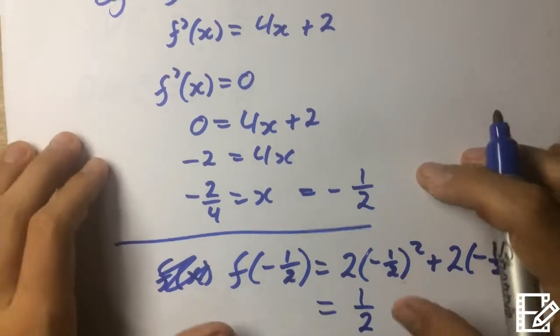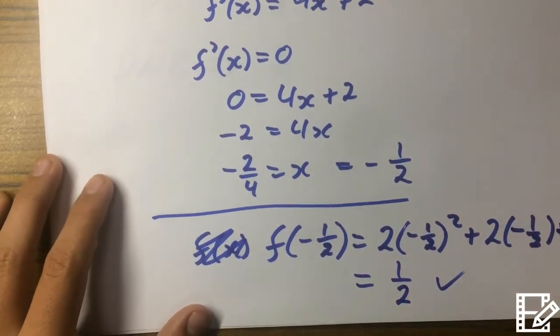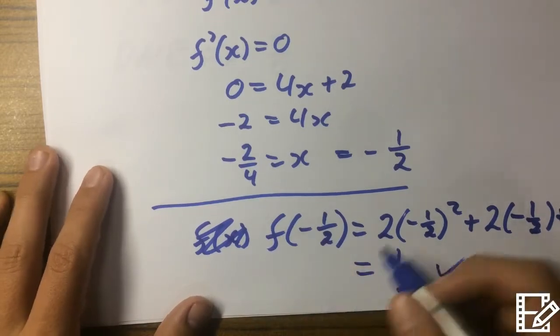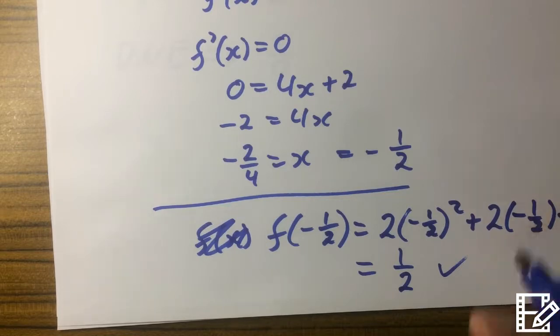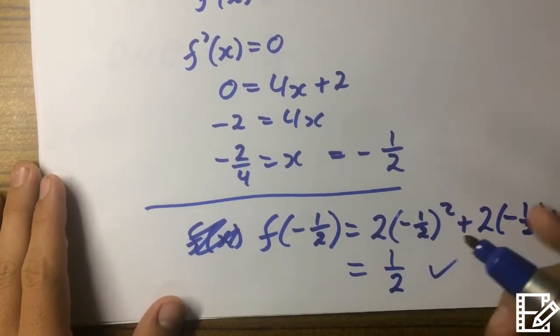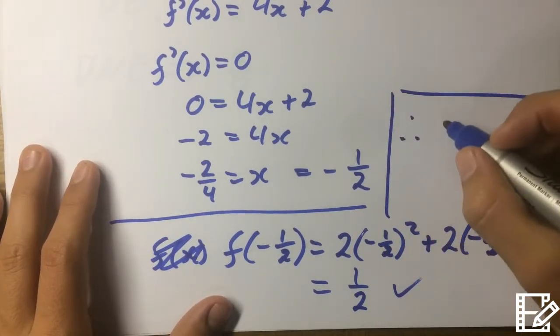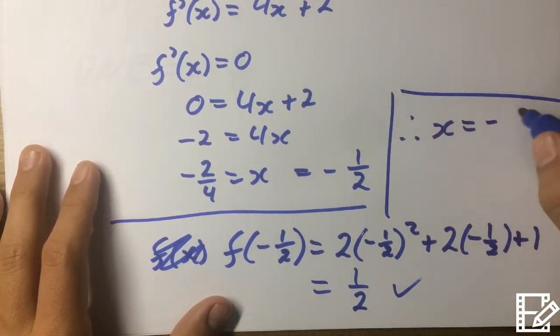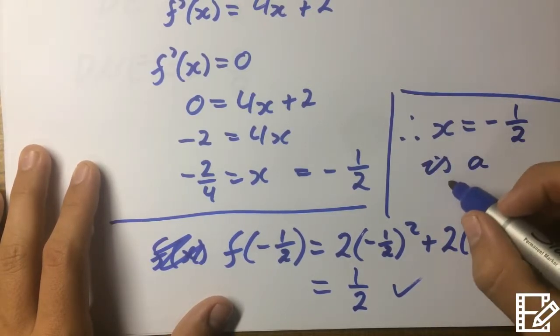In this case, there's only one critical number and only one critical point. Therefore, x equals negative a half is a critical point.